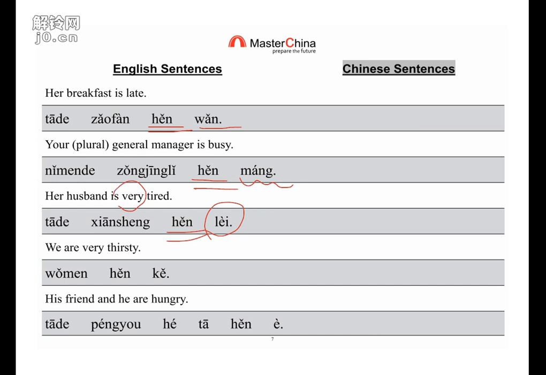They match very well. We are very thirsty. 我们很渴. 很 and adjective 渴. Next one, 他的朋友和他很饿. So you see, we still just put the words one after another, but with the special rule of comment, you need to add the 很.